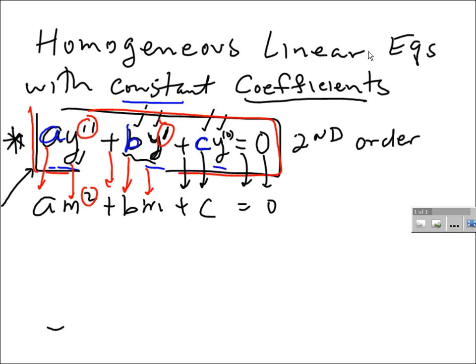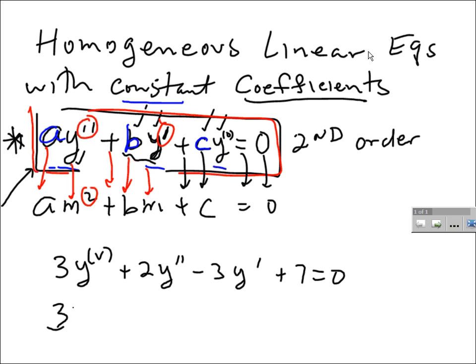If you have 3y to the fifth plus 2y double prime minus 3y prime plus 7y is 0, this will be 3m to the fifth plus 2m squared minus 3m plus 7 equal to 0.